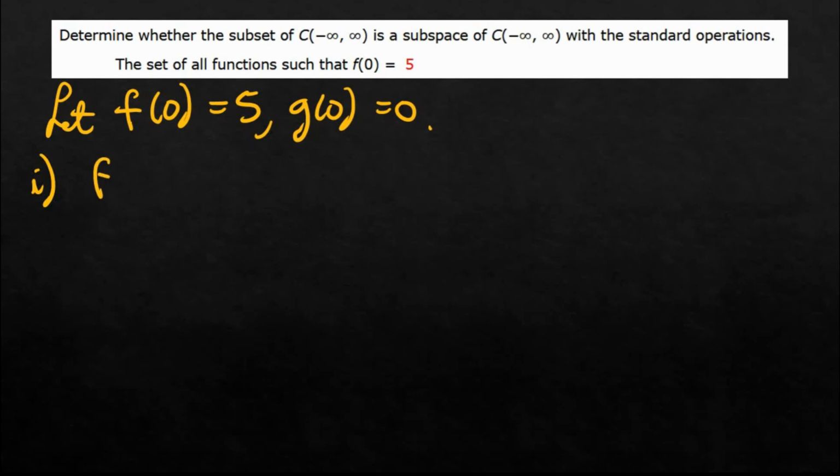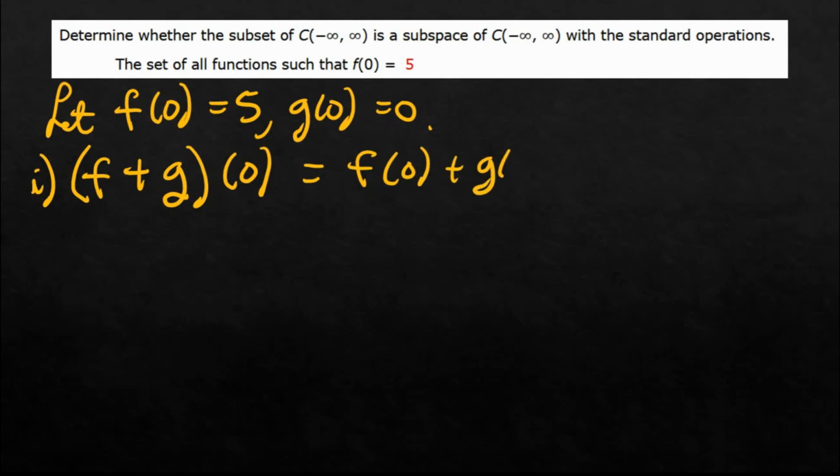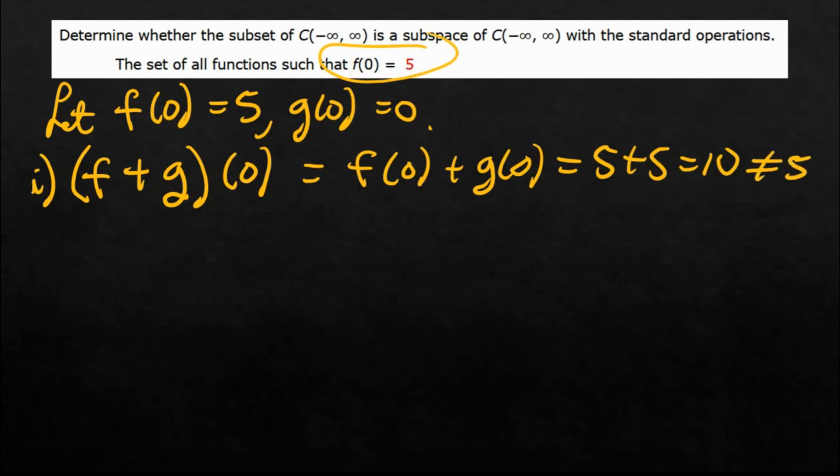So first is f plus g at 0, which is f of 0 plus g of 0. We get 5 plus 5, we get 10. Well, that means the sum is not of this type. So this is not equal to 5. So no.